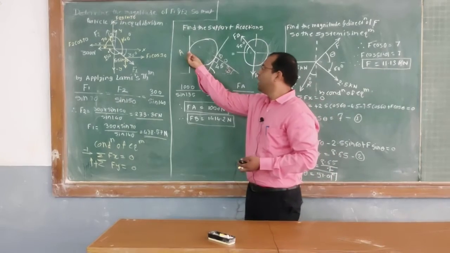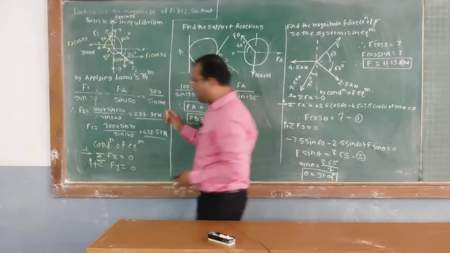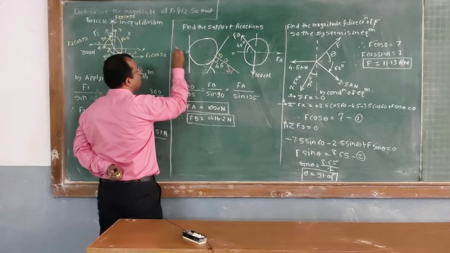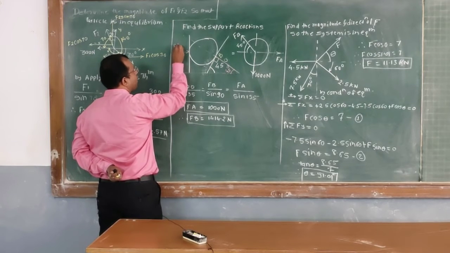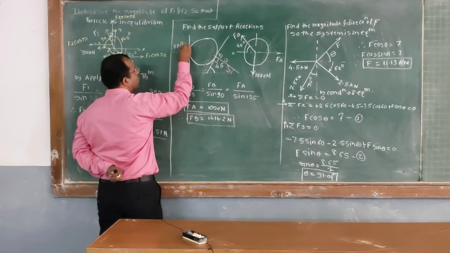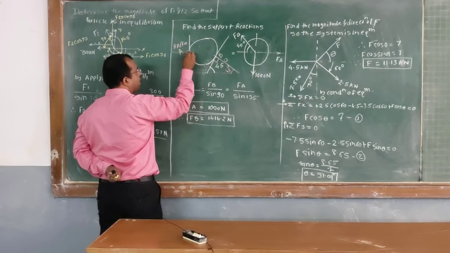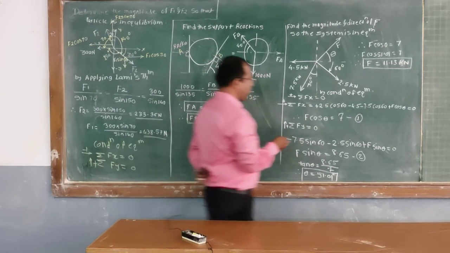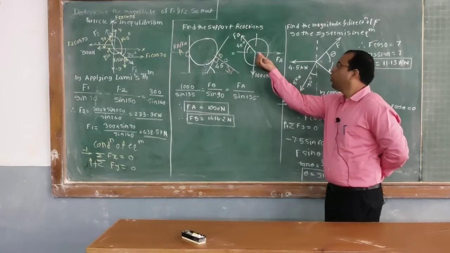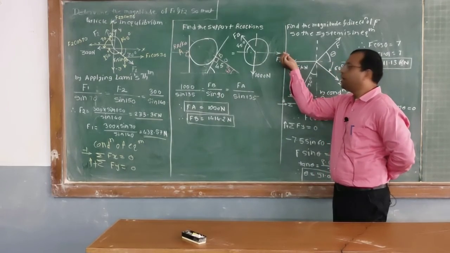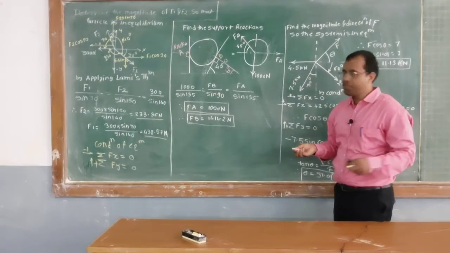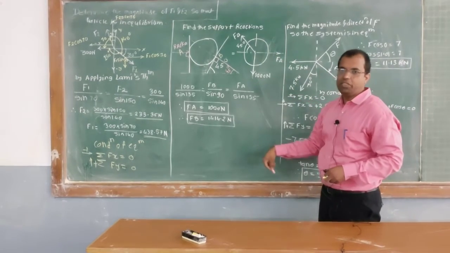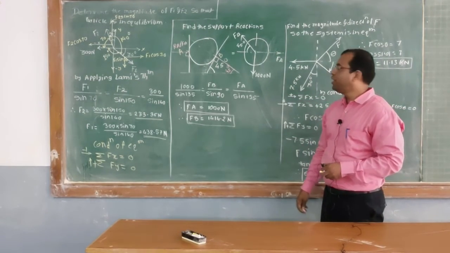Similarly, at point A there is one reaction RA or FA, which makes an angle of 90 degrees at the point of contact and it is truly horizontal. Therefore I have shown the force FA in truly horizontal direction. And the weight is always acting through the CG vertically downward.